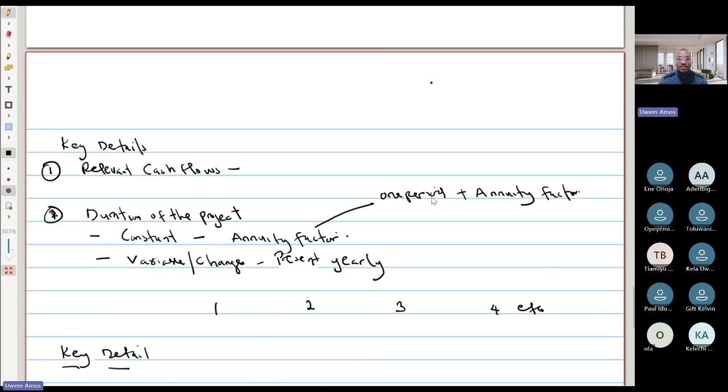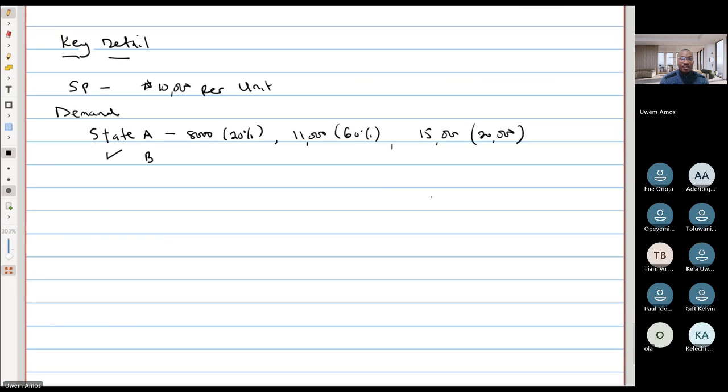Okay, so we have a demand for state B of 12,000. The probability is 20%. It could be 15,000. The probability is 60%. And it could be 19,000. The probability is 20%. Okay. All right. So this is 20%, not 20,000. So that's what could happen in terms of our demand.